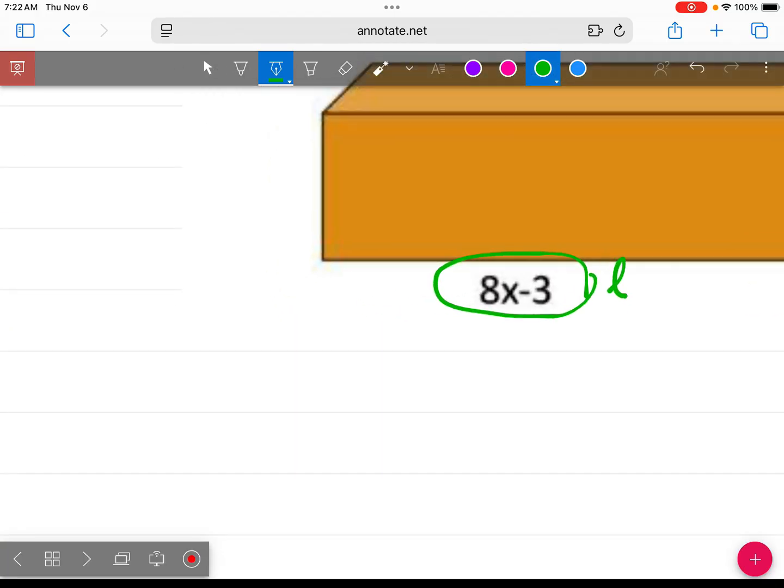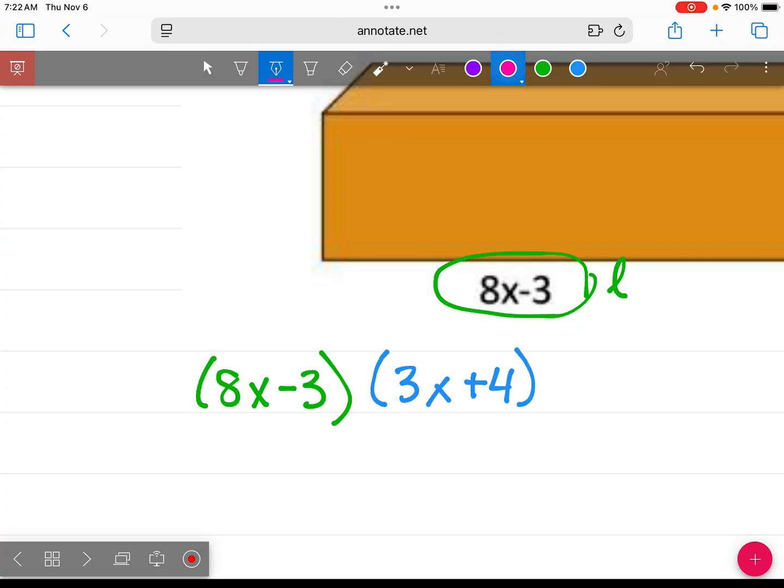So if I know this is going to be length, 8x minus 3 times our width, which is 3x plus 4 times our height, which is x, we can multiply those out. We have the tools we need to do that. It's what we've been working with the past couple of days.